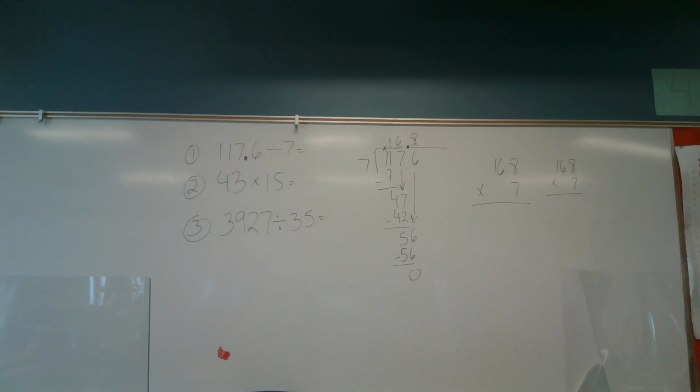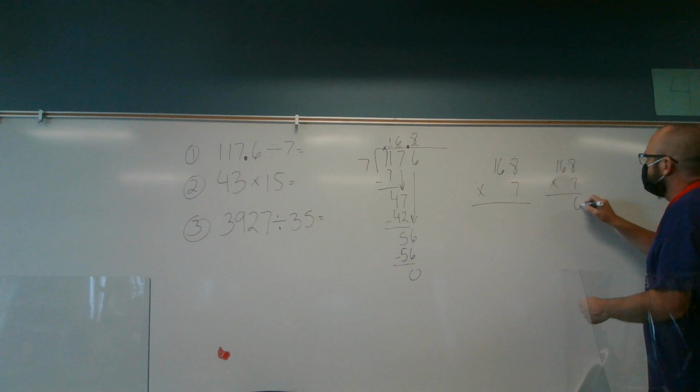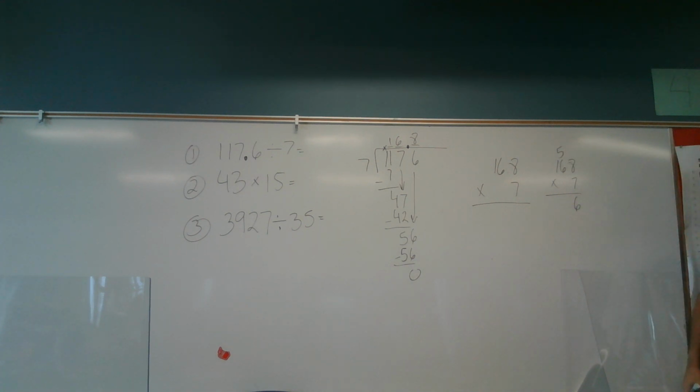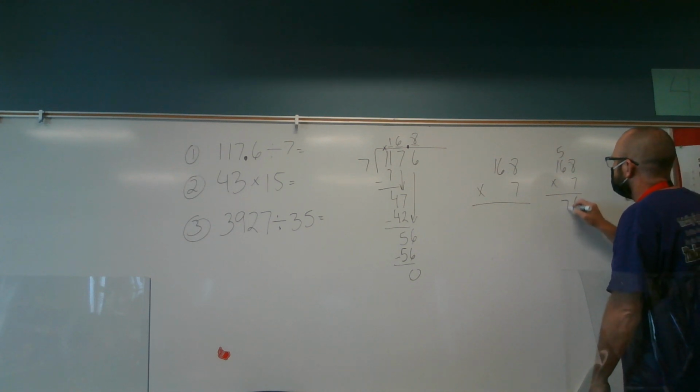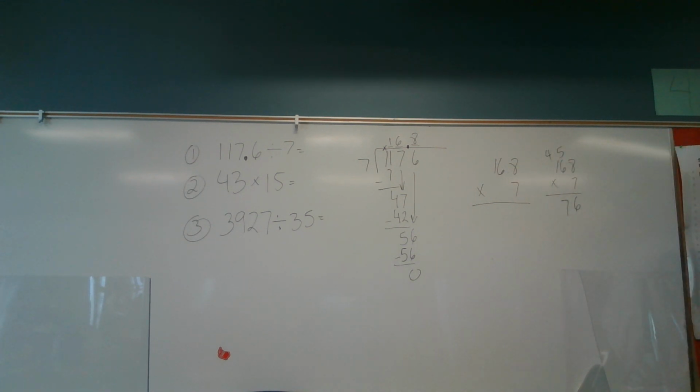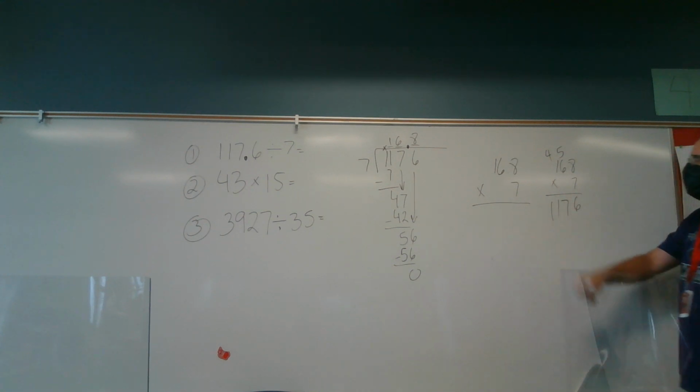Since it's 1 digit, it's real easy. 7 times 8 is? 56. 7 times 6 is 42, plus 5 is 47. 7 times 1 is 7, plus 4 is 11. Then I go back to my problem.